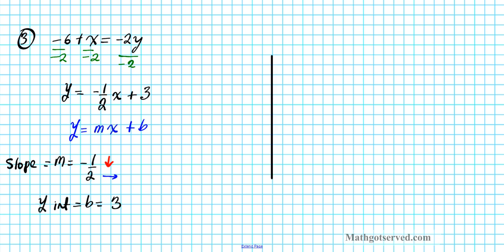So let's set up our coordinate system. That's my y-axis. This is my x-axis. So we start from positive 3 on the y. 1, 2, positive 3. Okay, and then graph our y-intercept. To find the next point, which is the other point that's on the line, we're going to rise negative 1, which is dropping down 1, and we're going to run 2 units.